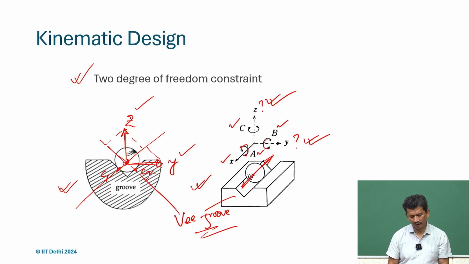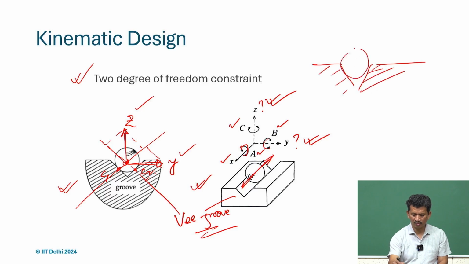If we are talking about this V groove, basically we are talking about these translations. These are the constraints.